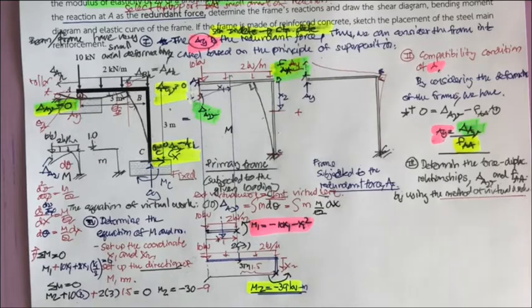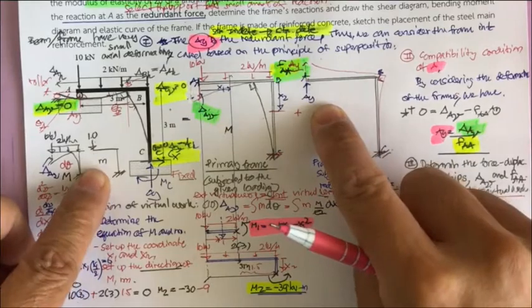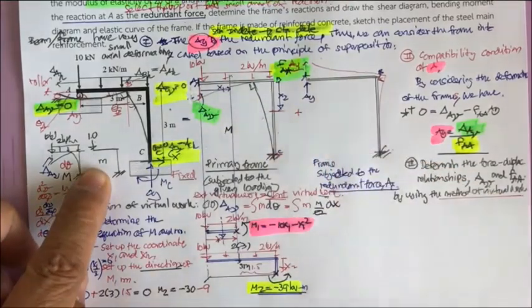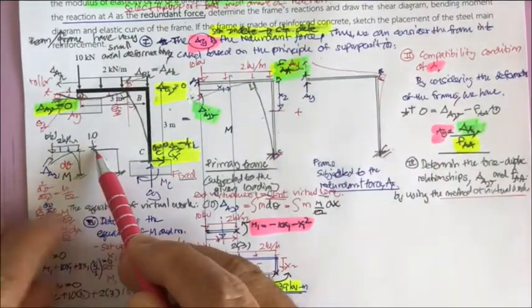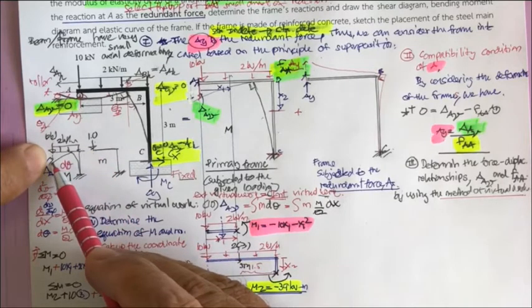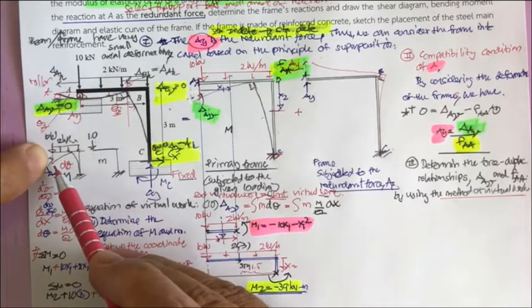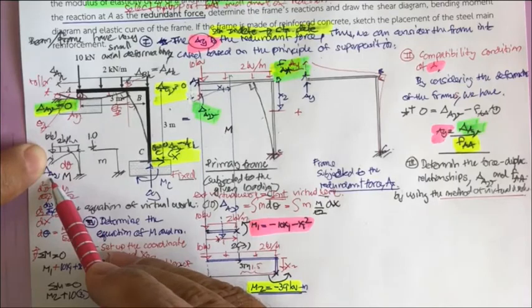Now, if you prefer, you may set this one. Okay, and this one is up to you. This one you may use upward or downward, because you know clearly this is the downward. Okay, if you put the M1 in this direction, you may get the delta at A is positive.